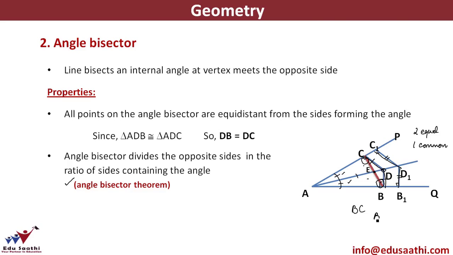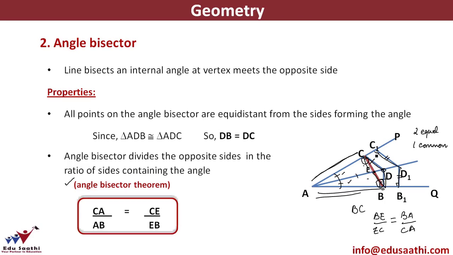What is that ratio? That ratio is BE over EC. Now this ratio would be equal to the ratio of sides containing that angle. So what are the sides that contain that angle? BA and AC. Whatever is the ratio of BA to AC, the same will be the ratio of BE to EC.